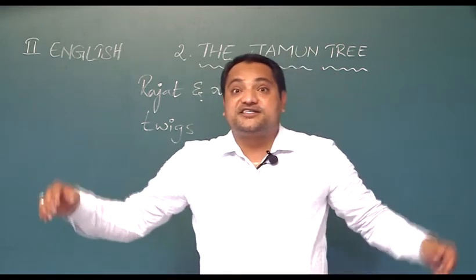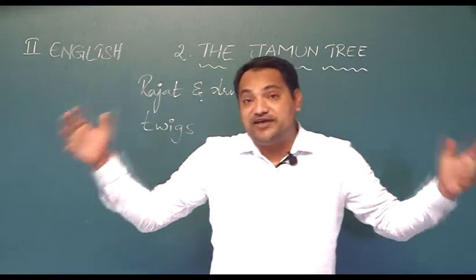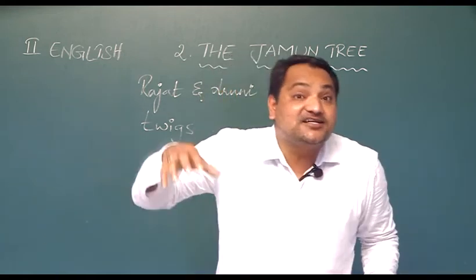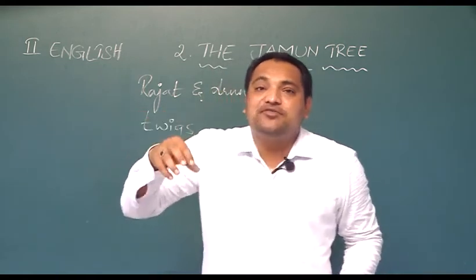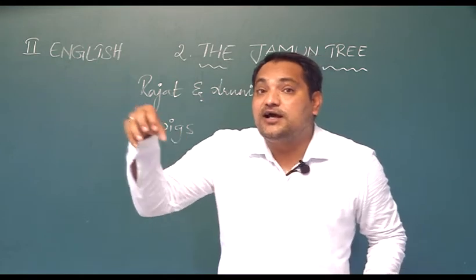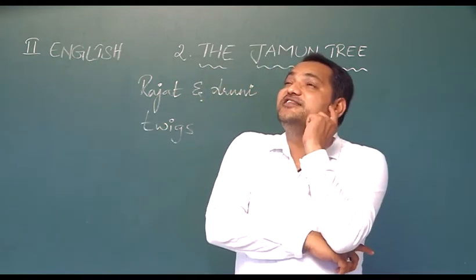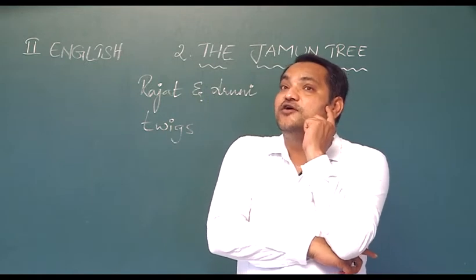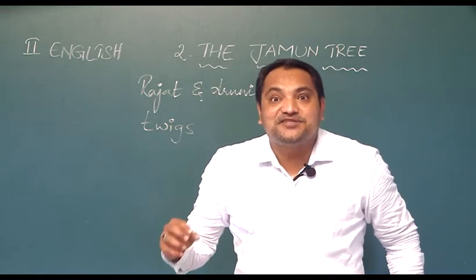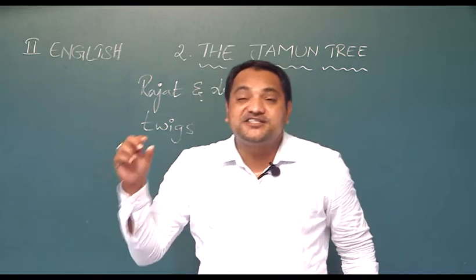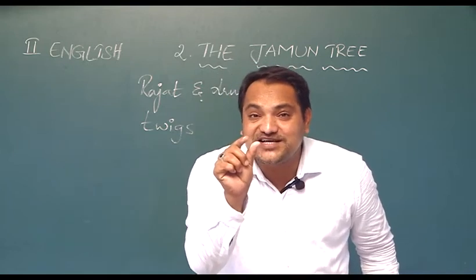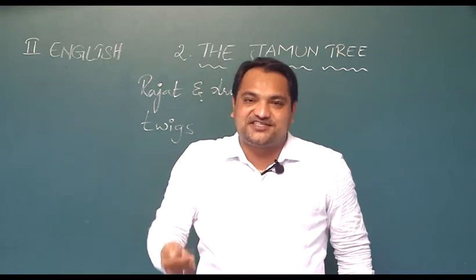Then the birds, as Jamun tree is a very big tree, it sheltered, it became the home to many other birds. Rajat and Aruni, when they sit under the shade of the tree, what do they see? Sometimes they see birds carrying small twigs, small branches.